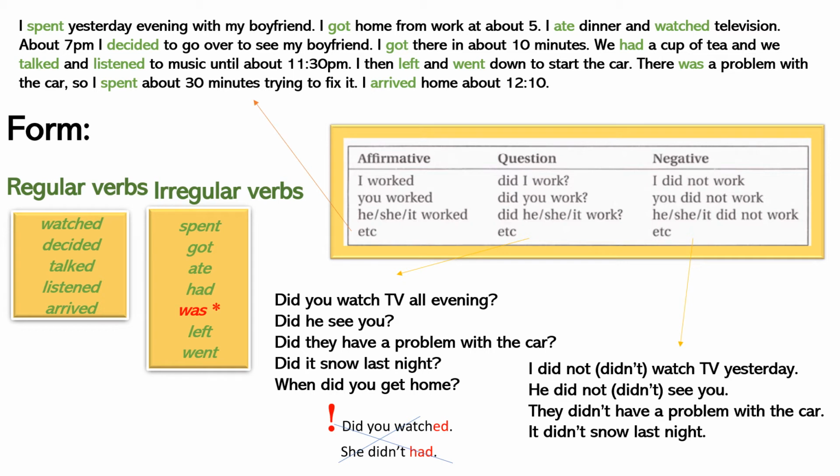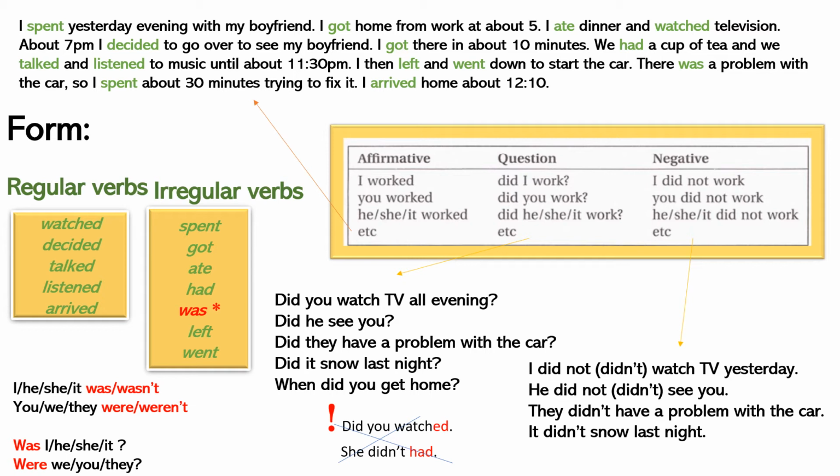And the verb to be, it is irregular and the forms are a bit different. So with the subjects I, he, she, it, in the positive statement we use was. I was at home yesterday. She was with me.